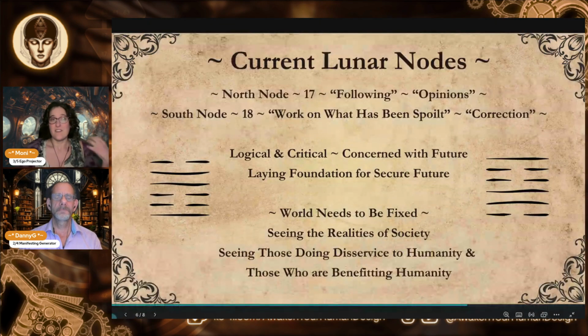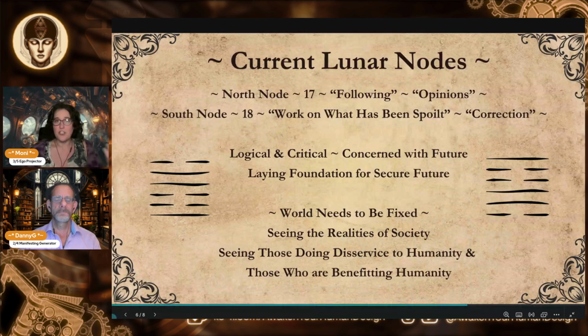So this environment that we've been in for the past 4 or 5 months has been very logical and critical, right? It's very concerned with the future, and it's been about laying the foundation for a secure future. So with the 17 and the 18, it's judgment, it's correction, it's hypotheses, ideas and opinions and how to fix stuff, right?